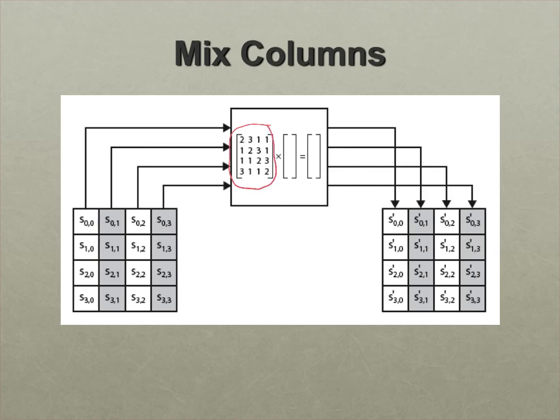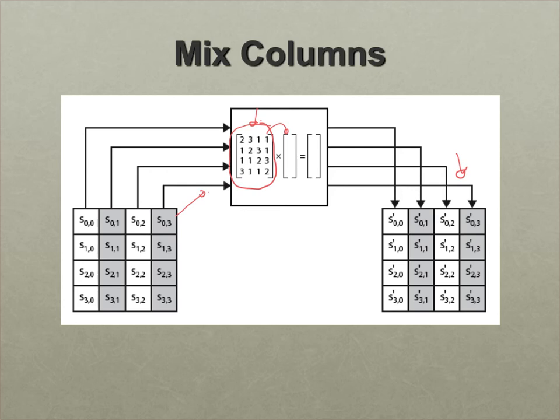The mix column is very simple. We have a predefined matrix, and again, do not ask me why the matrix looks like this. This is based on some information theoretic analysis, and then we multiply the state matrix by this predefined matrix to convert it into another state matrix for the output of this mix column stage.